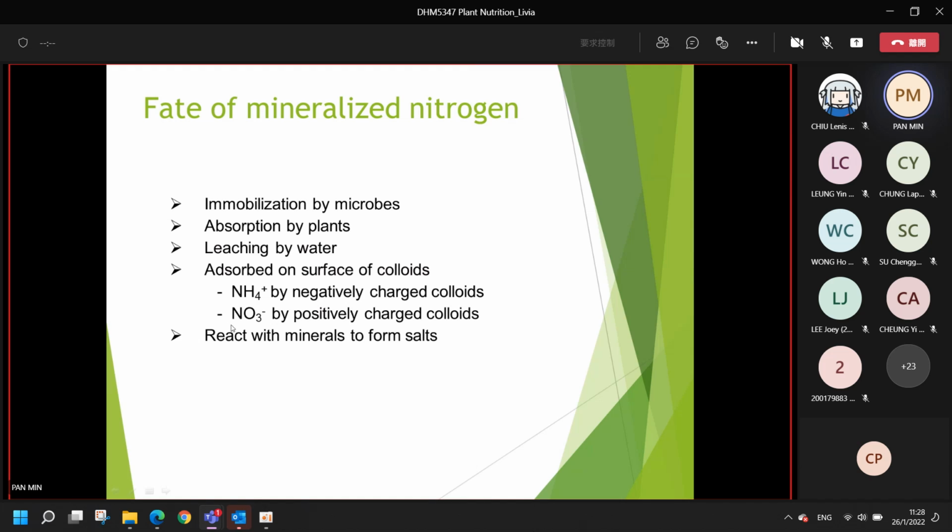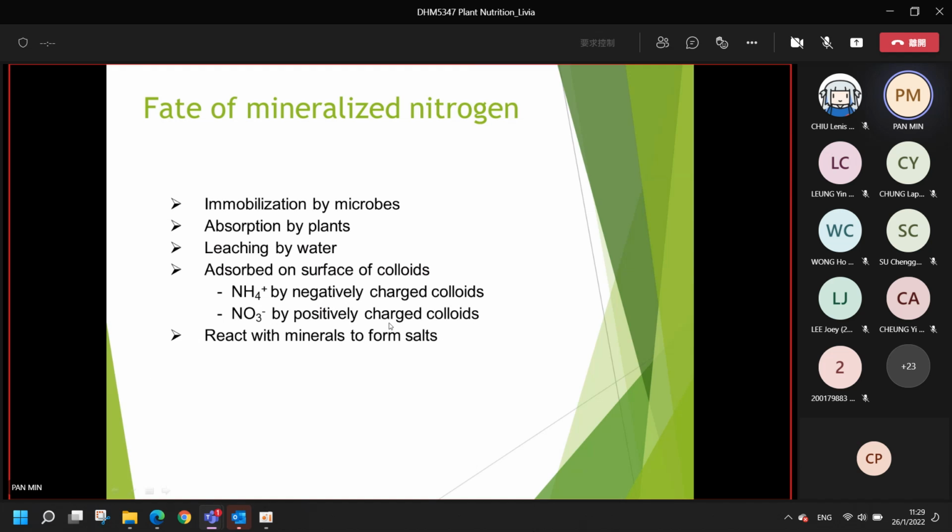Less of them will exist in the environment because they are not stable in the soil solution, so they will be combined with the positively charged colloids. The positively charged colloids are not that many, but still exist, and the soil solution also has other positively charged ions, such as hydrogen and aluminum. They will have a combination with them.